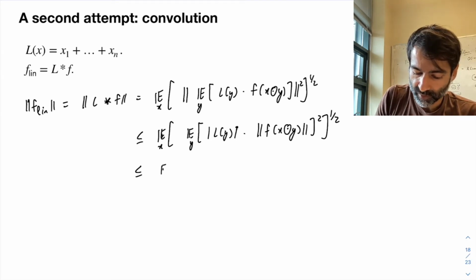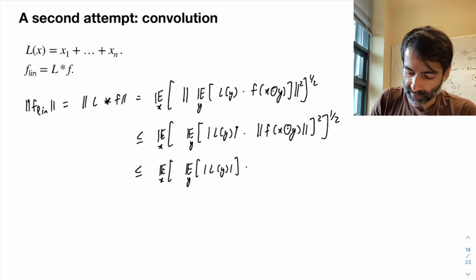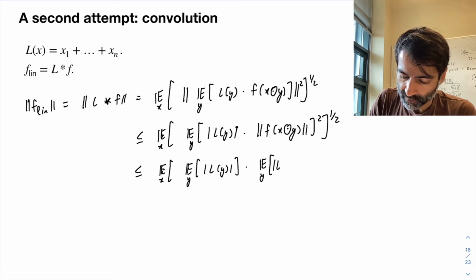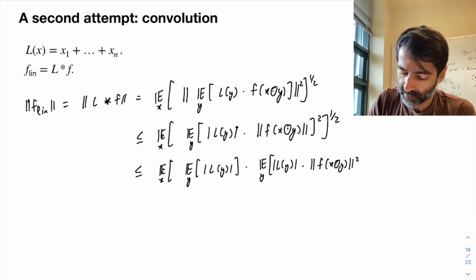And using that inequality, what I'll get is that this can be expressed as expectation over y of L of y times the expectation over y of the magnitude of L of y, norm of f x product y squared.